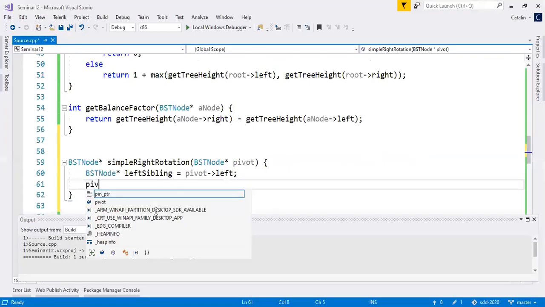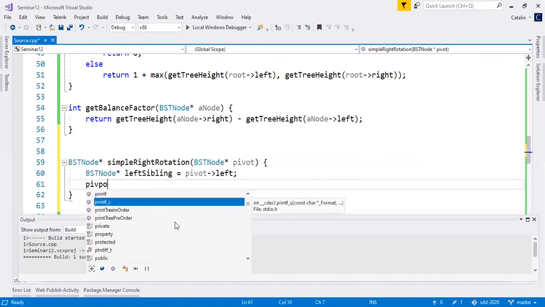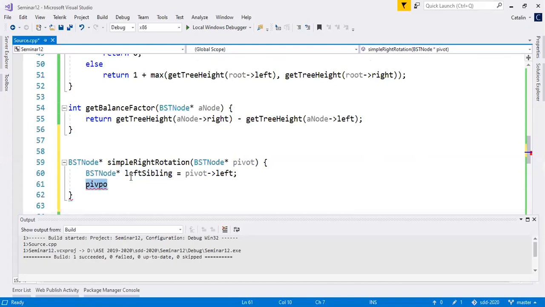So pivot, and we already saved the left sibling. Okay, so pivot left equals left sibling right. Now, if that's a null pointer, it's null. Okay, no one will be upset about that.